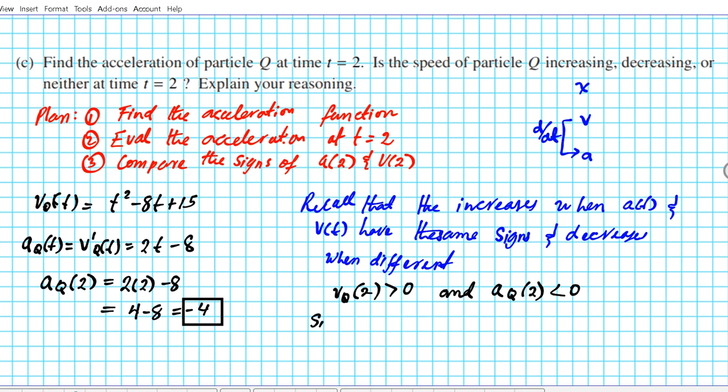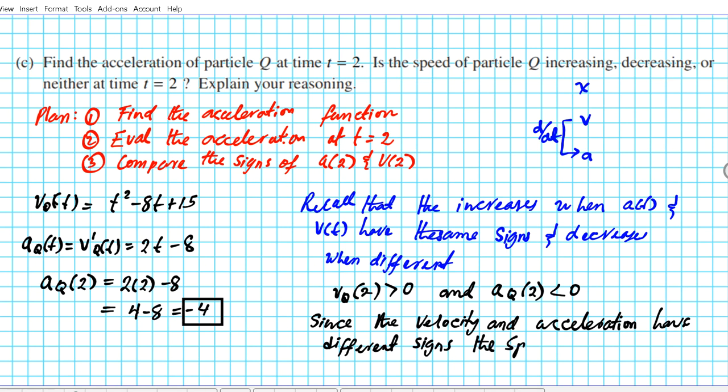Okay, so let's write that down. Since the velocity and acceleration have different signs, the speed of particle Q is decreasing.